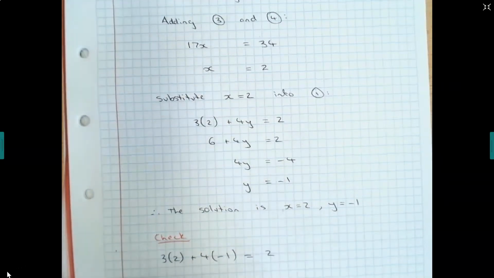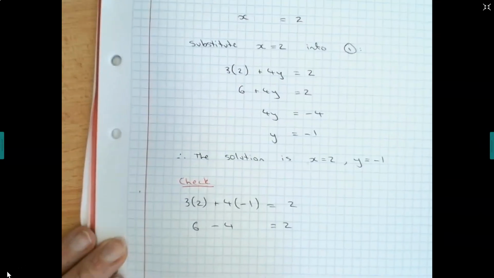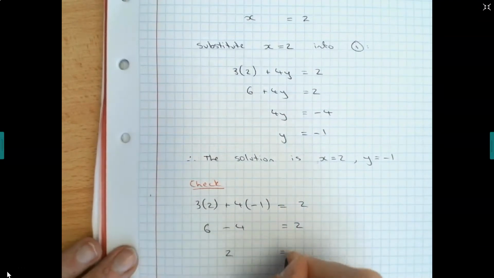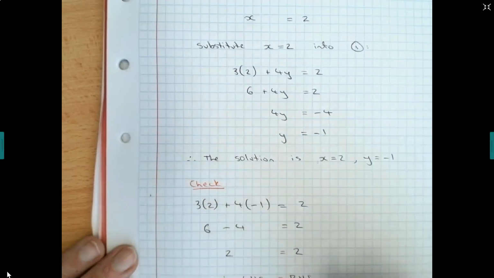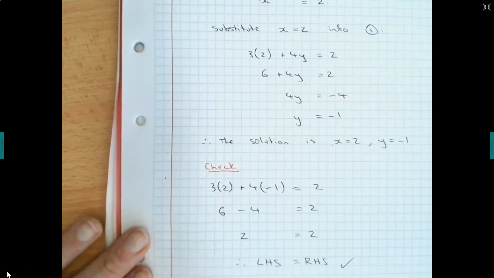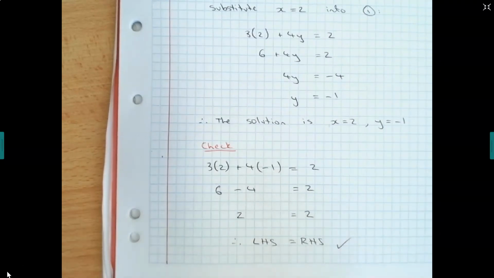So 6, and 4 times negative 1 is minus 4, is equal to 2. 2 is equal to 2. Therefore, the left-hand side is equal to the right-hand side, so our solution has satisfied the equation, and therefore our solution must be correct.